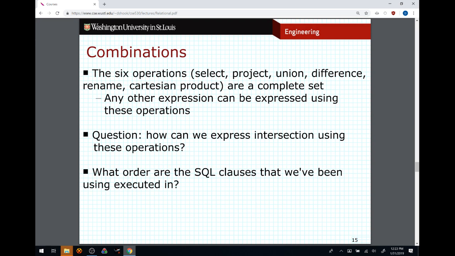Intersection is not strictly required to be implemented. It is a lot of times for convenience's sake, but I can write intersection as a function of these other operations. This is actually a classic set theory question that some of you may have seen, right?